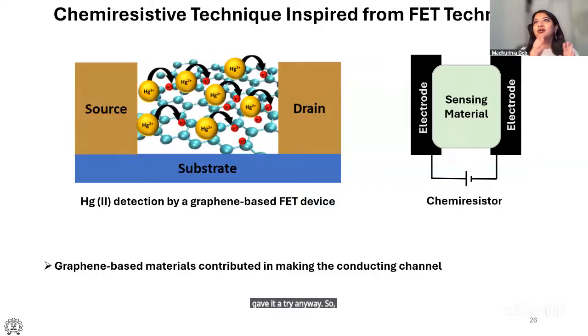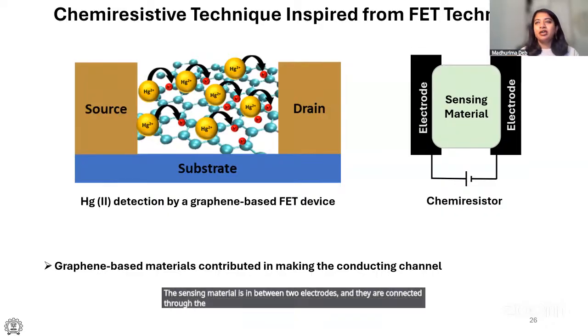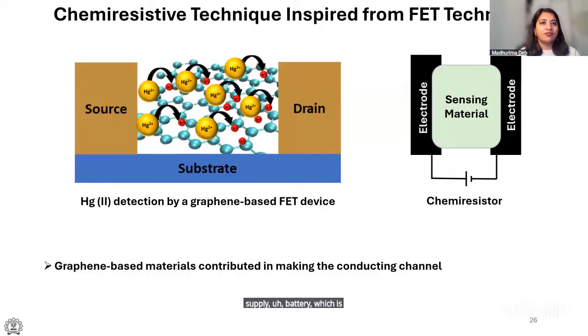We have two electrodes, and the sensing material is in between them, connected through a 5 volt supply battery. The sensing material comes in contact with the analyte and it changes the current, and that is what I measure. We used a graphene based material for making this conducting channel between the two electrodes.